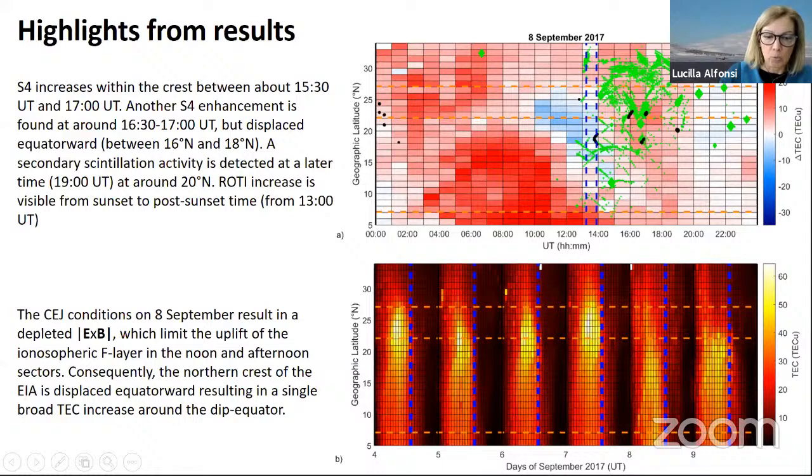And we see the climatological assessment along the entire storm. We can appreciate how the 8th of September shows a shrinking towards the equator of the northern crest of the equatorial anomaly, likely due to the depleted E cross B that limits the uplift of the ionospheric F layer in the noon and afternoon sector.